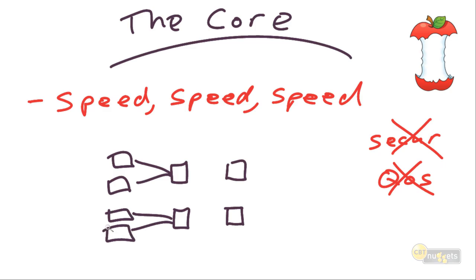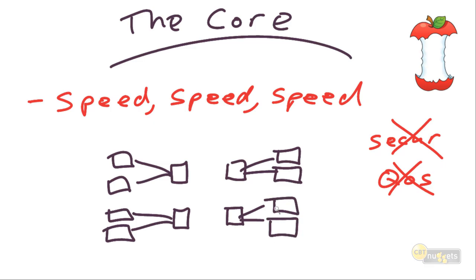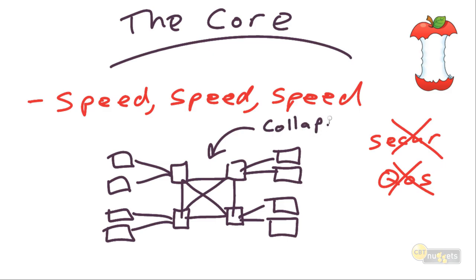And they'll just go ahead and connect the distribution layer blocks. Okay, they'll connect these in triangles, and they'll have this distribution layer function as well as the core. This is a design called the collapsed core, and I want you to be aware of it.